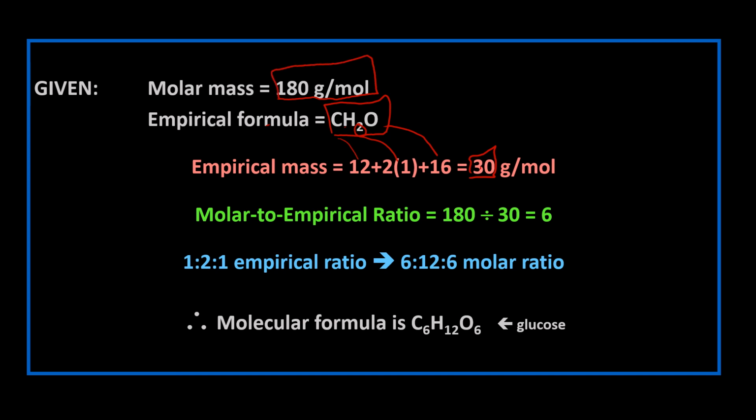So we take 180 divided by 30, which is equal to 6. That means we need to multiply everything times 6. So we come up with a ratio of 6, 12, 6, and when we put that into our formula, C6H12O6, also known as glucose. For an empirical formula like CH2O, there can be several molecules that have the same empirical formula. When we did ethane earlier, methane has the same, and so does butane. It's just how long the chain is.